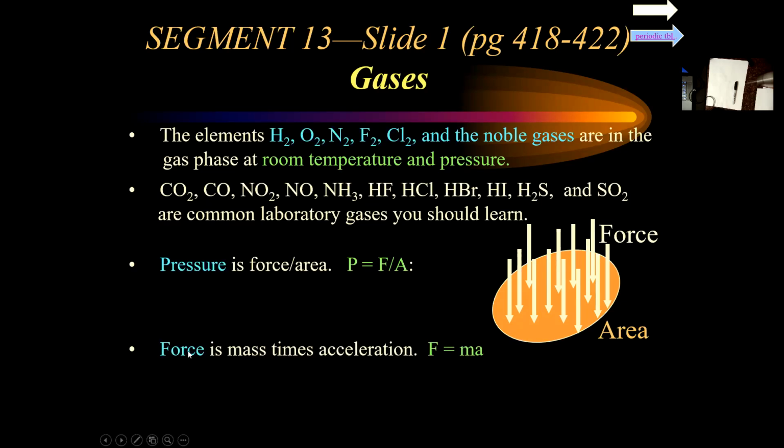Now, the way we express force is from Newton's second law, that the force applied to an object will cause it to accelerate in the direction of the force proportional to its mass. So F equals m times a. a is the change in speed. Speed is meters per second, so change in speed would be meters per second. Mass is in kilograms. So these would be the units.